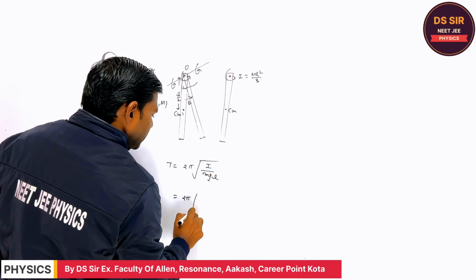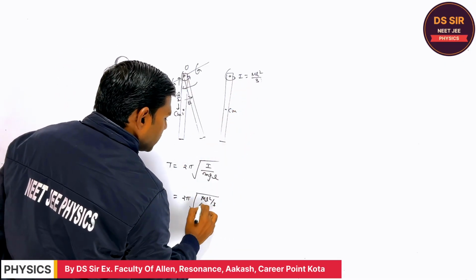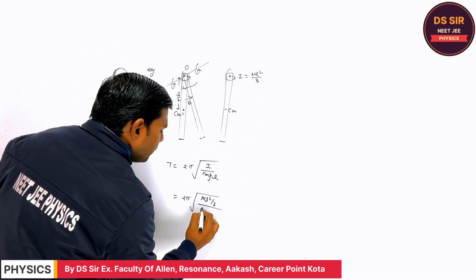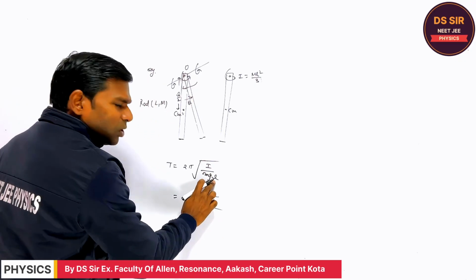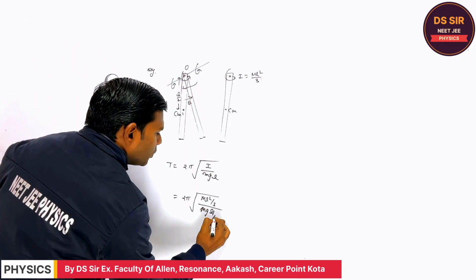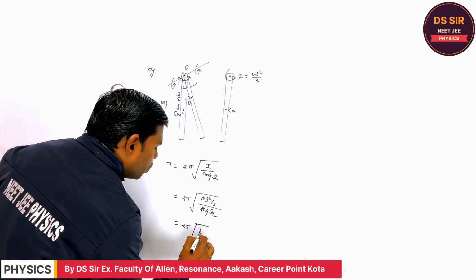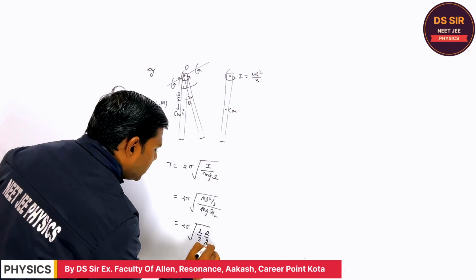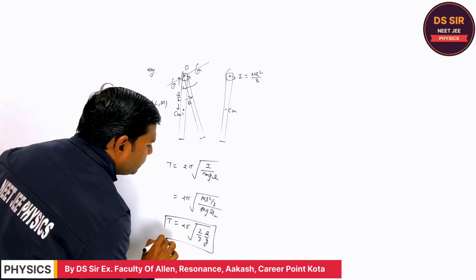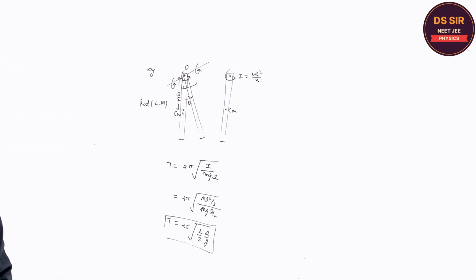So the time period is 2 pi root of ml square by 3 divided by mg times L by 2. You have to remember this. So this is 2 pi root 2 upon 3 L by g, the time period of oscillation for this rod. Is it clear? Copy this.